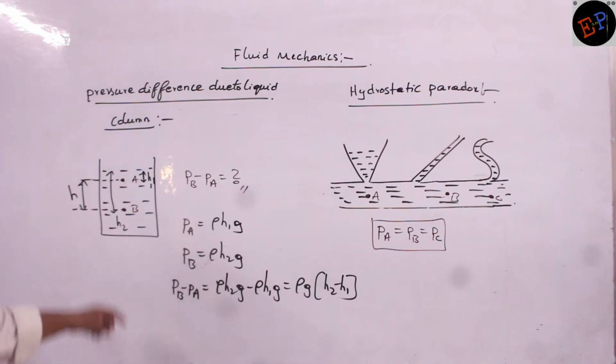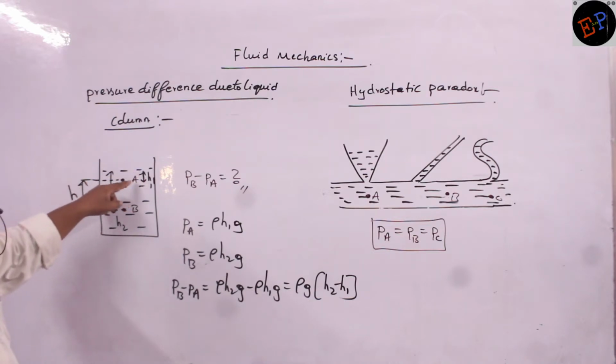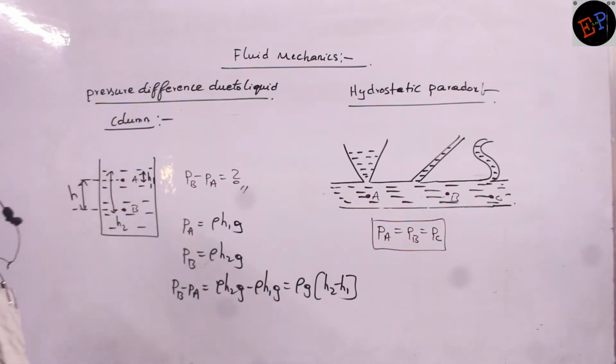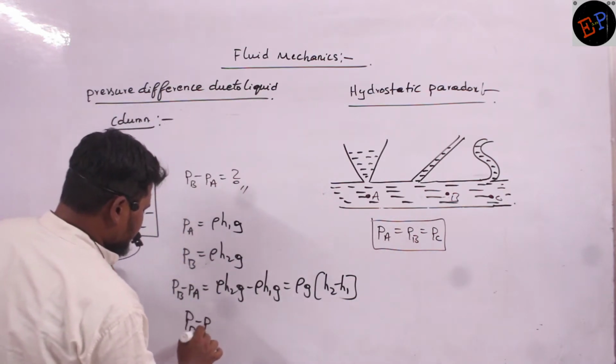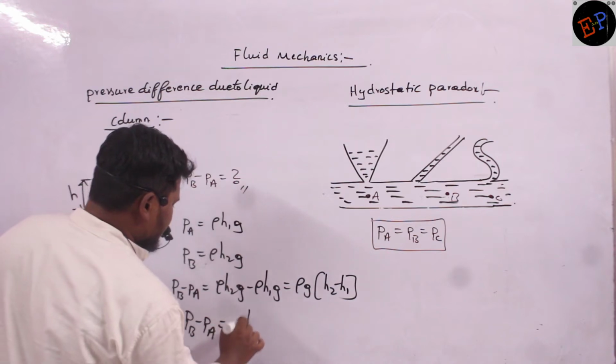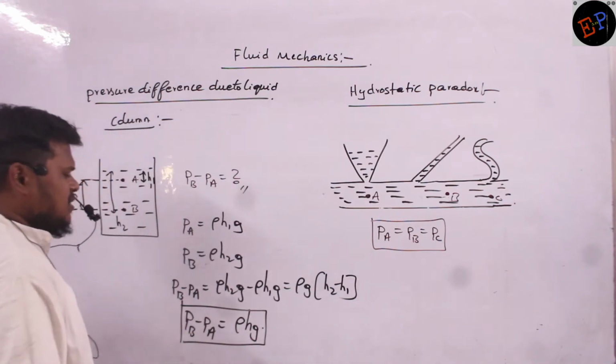H2 is the distance of point B from the top of this water layer. Similarly, H1 is the height of point A from the top of the water surface. So the pressure difference between 2 points is written as rho Hg, because H2 minus H1 can also be written as H.